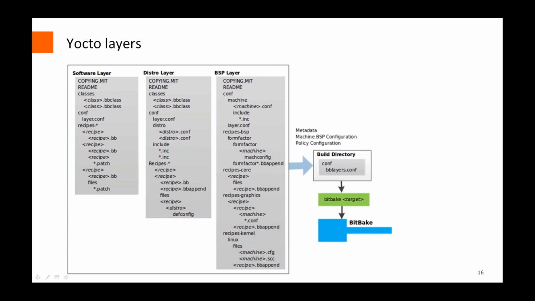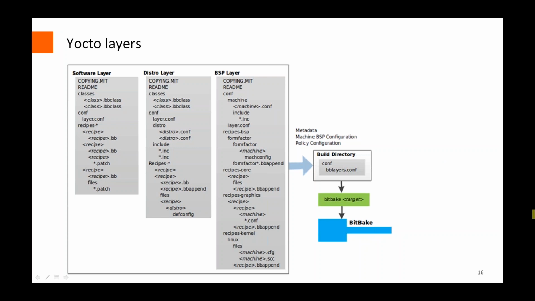So there are recipes in the BSP layers that just take care of the machine. There are recipes in the distro layer that just take care of the distribution, I mean, which are the wanted packages and how they are supposed to be configured. Then there is a list of software layers that just provide the list of recipes that allow you to build a specific package.